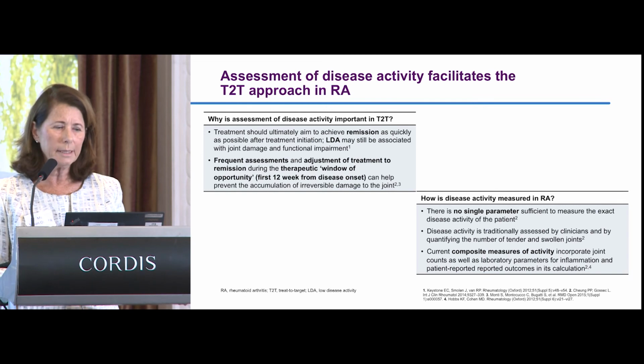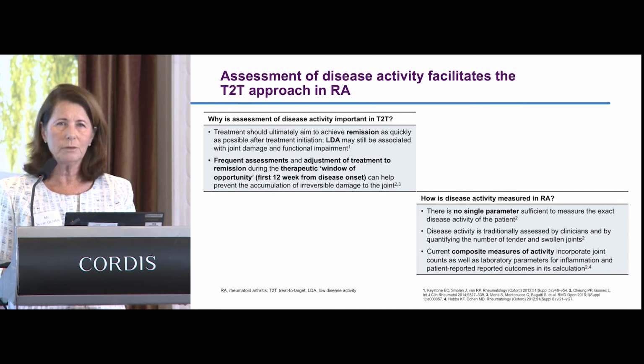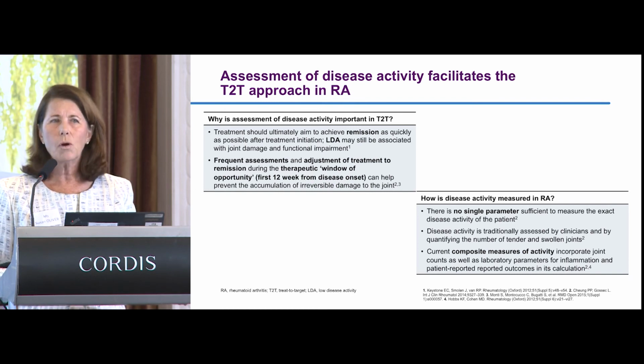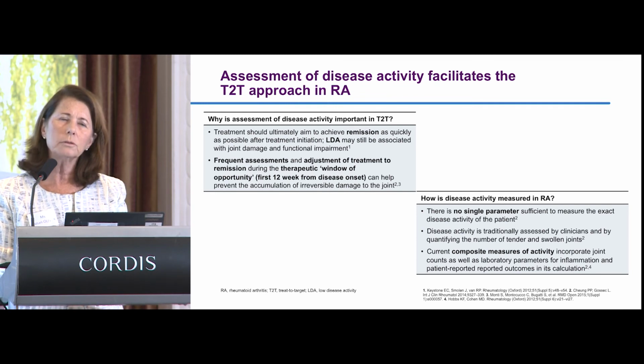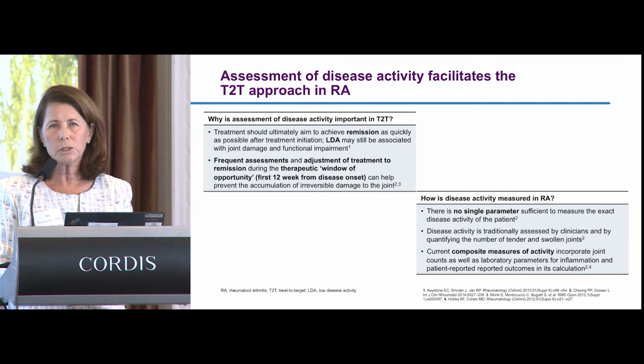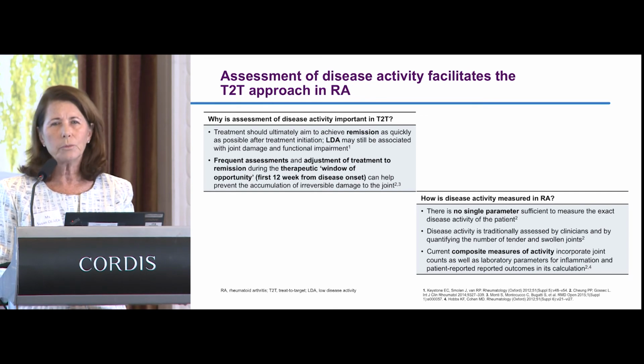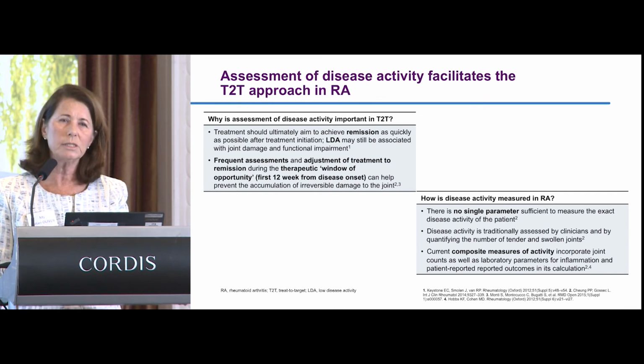And if we see them early enough, we can achieve remission. For some patients who've presented late or have very, very aggressive disease, we will have to review whether we can achieve remission. We will aim for remission, but we might actually have to accept that we're going for low disease activity.